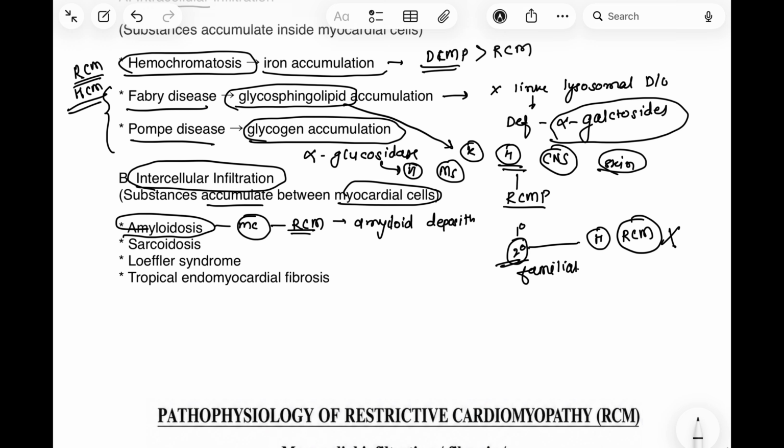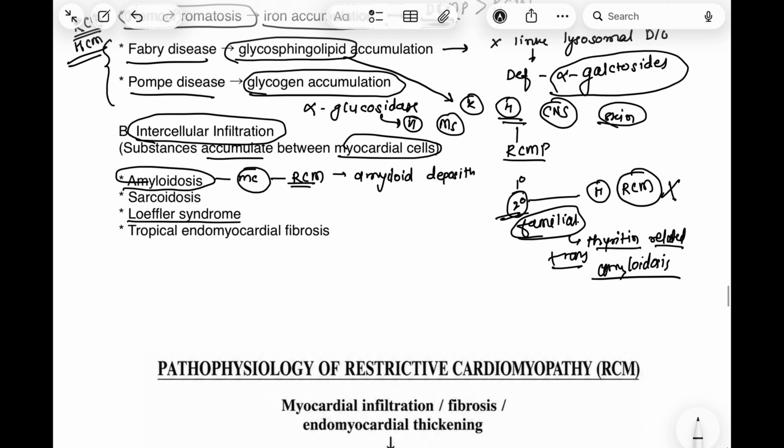The familial version of amyloidosis is associated with transthyretin related amyloidosis. It is a very common previous year question in which they will ask you about transthyretin related amyloidosis, which is associated with familial amyloidosis, right? Another important cause related to intercellular infiltration is Loeffler syndrome.